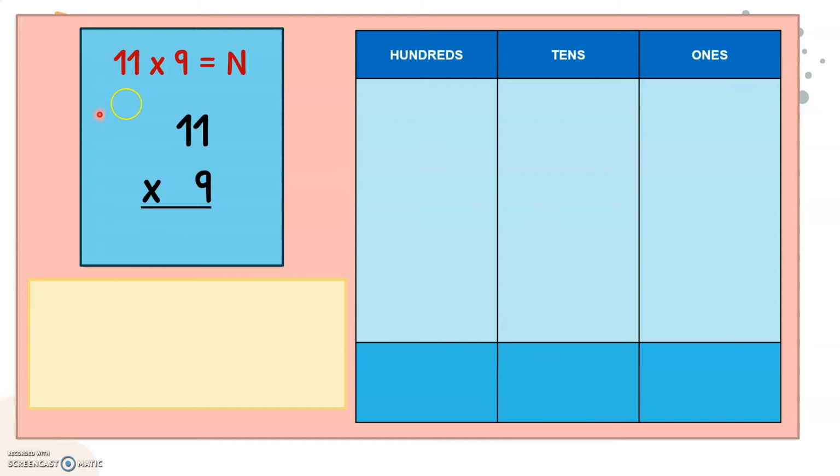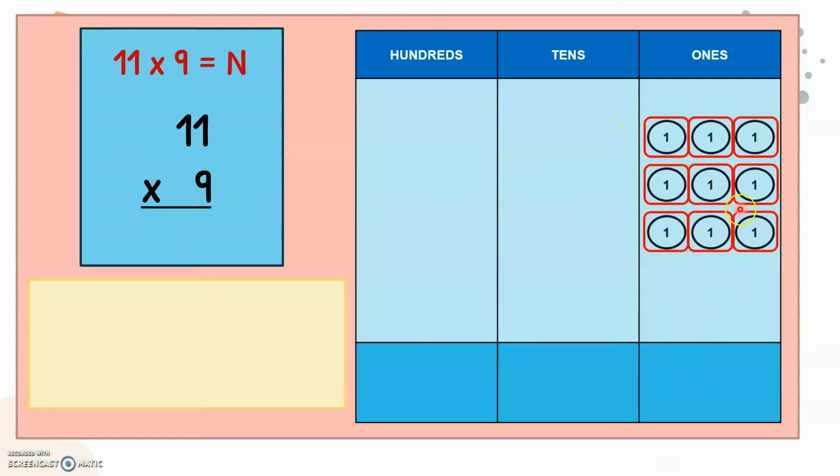To solve this, we will use our place value chart and start multiplying from the ones place value. So 1 times 9 means 9 groups of 1s. Let's count. 1, 2, 3, 4, 5, 6, 7, 8, 9. So the answer is 9 ones. Next is the tens place value.